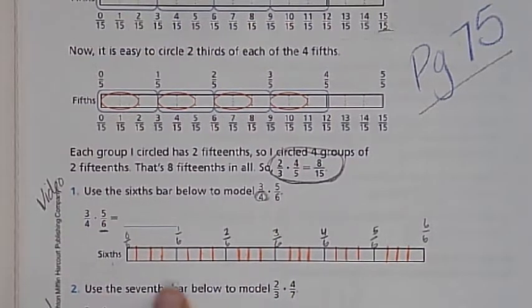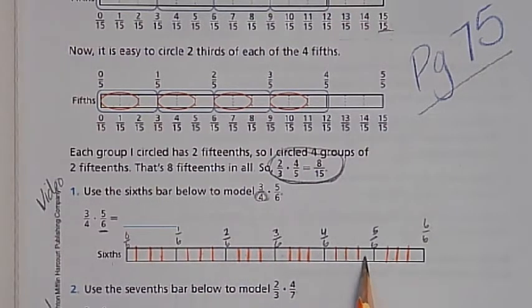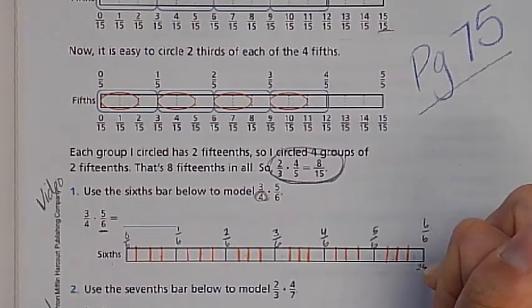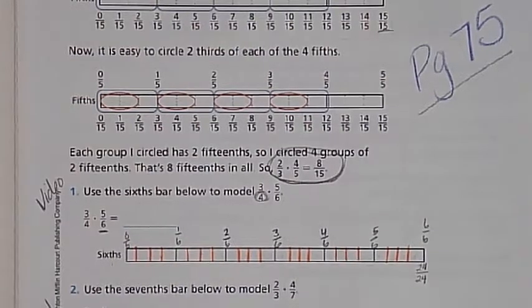So I'm going to go ahead and make some marks down here at the bottom so I know what they are. So if I'm not sure, I'm going to count them. 1, 2, 3, up to 24. So this is really now 24 24ths.